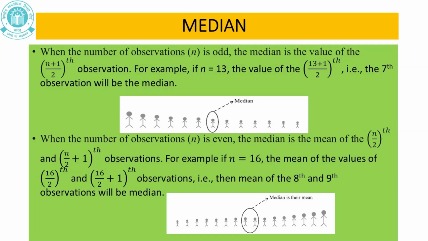When the number of observations is even, the median is the mean of the n by 2th and (n by 2 plus 1)th observations. For example, if n equals 16, the mean of the values of the 16 by 2th and (16 by 2 plus 1)th observation, that is, the mean of the 8th and 9th observations, will be the median.